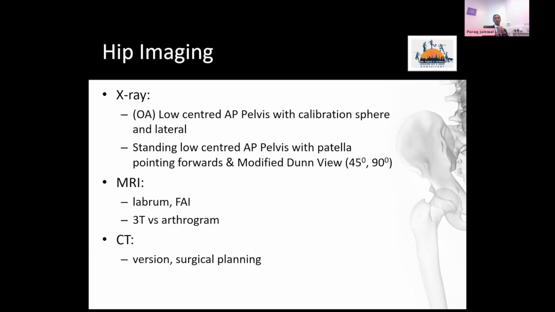But the MRI is the gold standard for imaging the hip. It gives us great information about the labrum. It can quantify the amount of femoroacetabular impingement, particularly CAM lesions. And there's now much debate about whether an arthrogram is needed. We have 3T scanners, and there are a number of 3T scanners affiliated with scan.com.